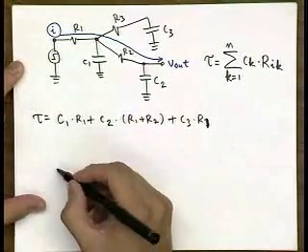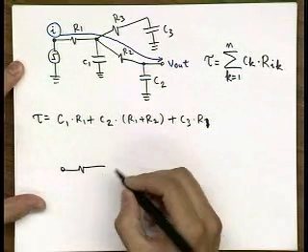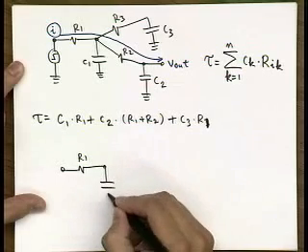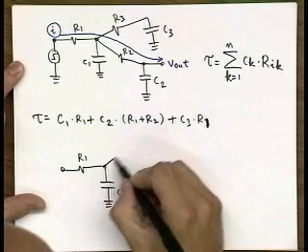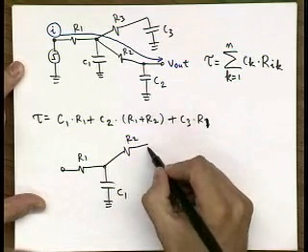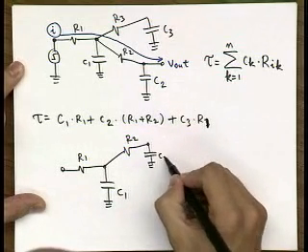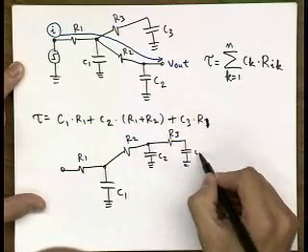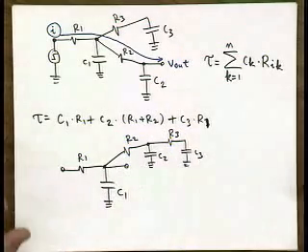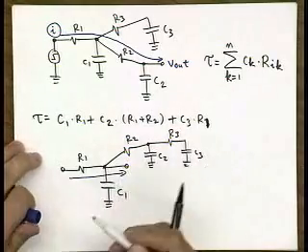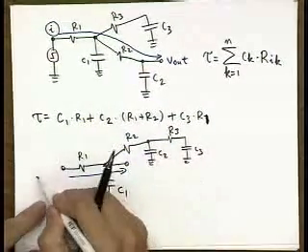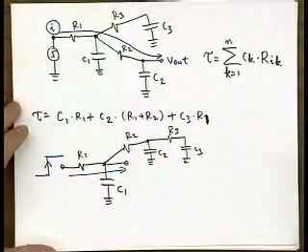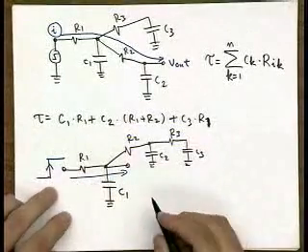Okay. So let's do another example over here. So we have R1, C1, R2, C2, and let's assume that this is our path, and we assume step input at this node over here, the source.